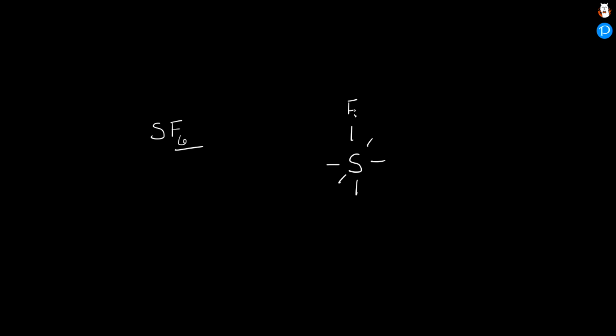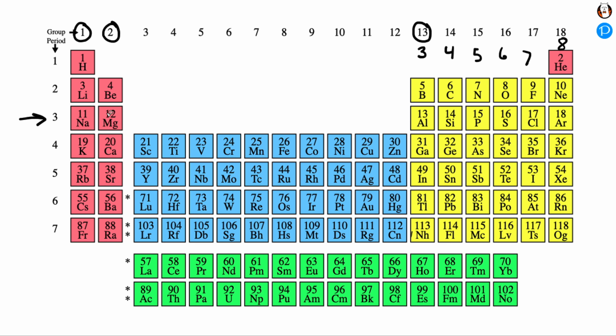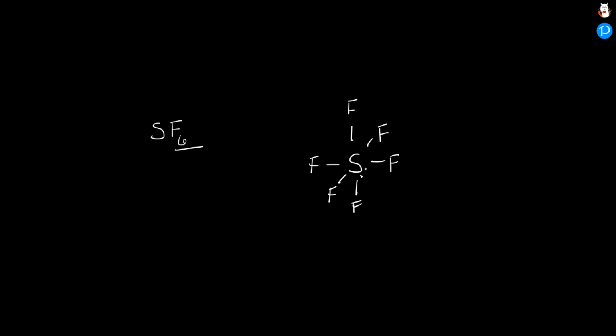So F, F, F, F. And already I can see that this sulfur has 2, 4, 6, 8, 10, 12 electrons around it. But remember, sulfur is in period 3 right here. And so anything that is in period 3 or above can handle that. It has enough room to take on those valence electrons.